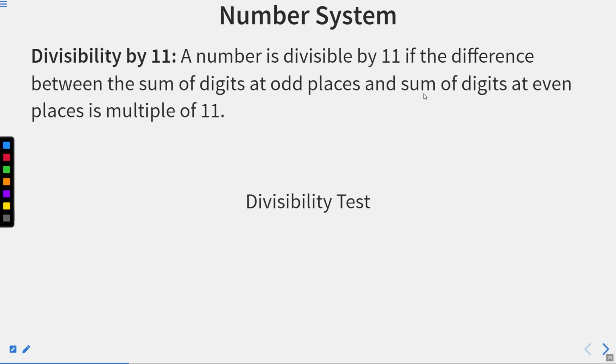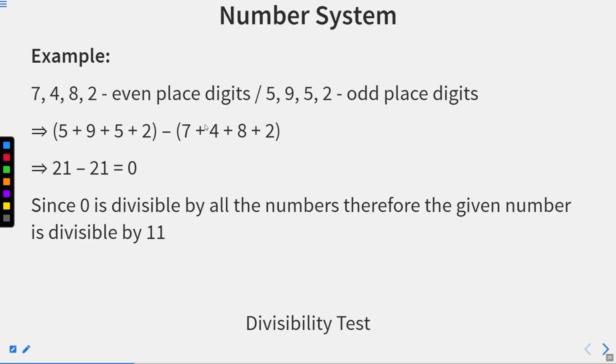Okay. So what about 11? A number is divisible by 11 if the difference between the sum of digits at odd places and the sum of digits at even places is a multiple of 11. Let us see with the help of an example.